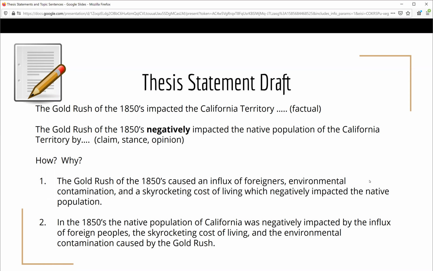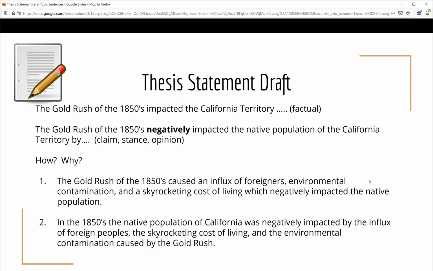Or, "In the 1850s, the native population of California was negatively impacted by the influx of foreign peoples, the skyrocketing cost of living, and the environmental contamination caused by the gold rush." In each case, you have identified the topic, the gold rush, given it some context, California, 1850s, and made a claim about the question of quality, that the gold rush had a negative impact on the population.